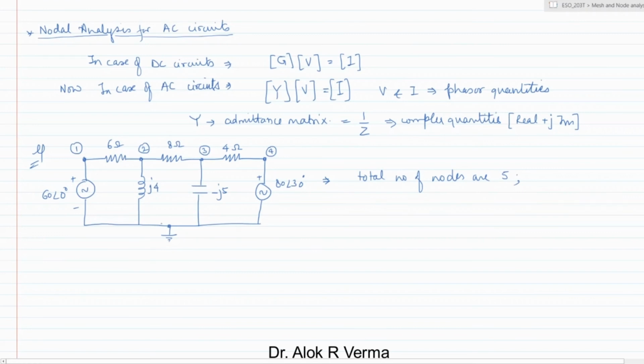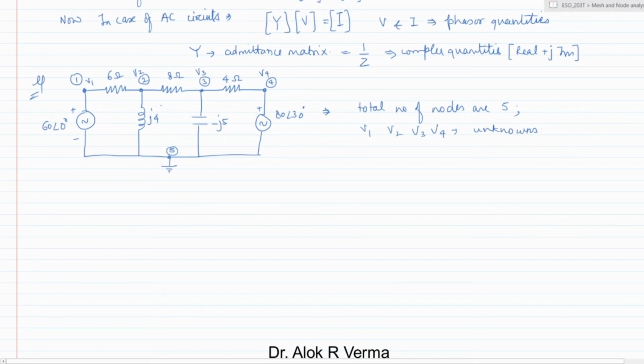But the nodal equations will be applicable to 4 nodes, leaving the reference node, because we know the voltage at the reference node is 0. So the remaining unknowns are node voltages V1, V2, V3 and V4. We have to solve a set of 4 equations with 4 variables.